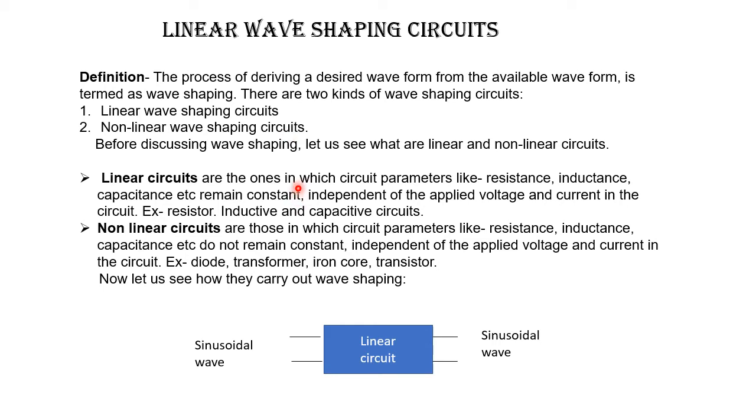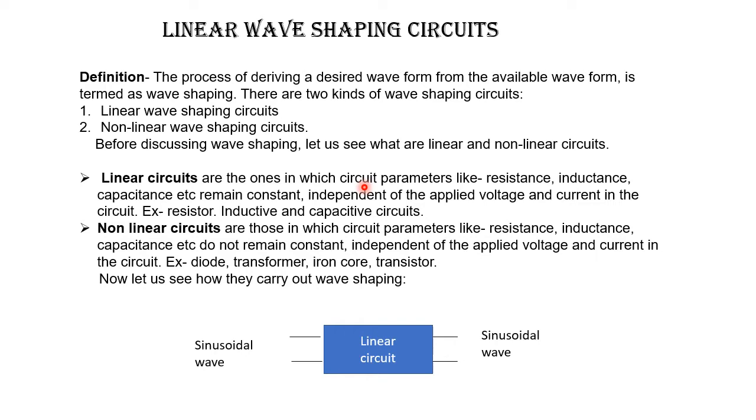We know that linear circuits are those in which the relationship between voltage and current is of linear nature, or in other words, the current is directly proportional to voltage, or the voltage, or potential difference, is directly proportional to the current flowing through the circuit. These circuits are known as linear circuits.